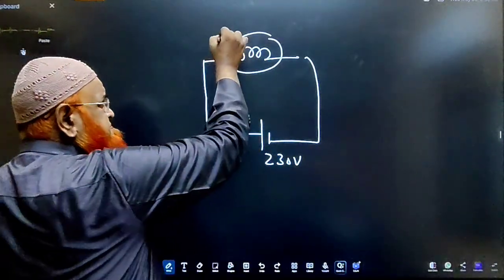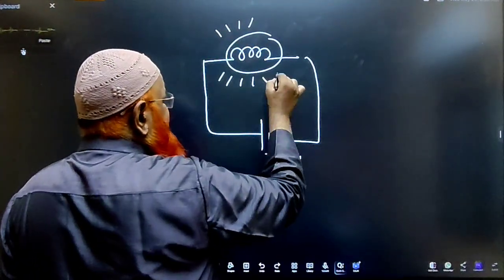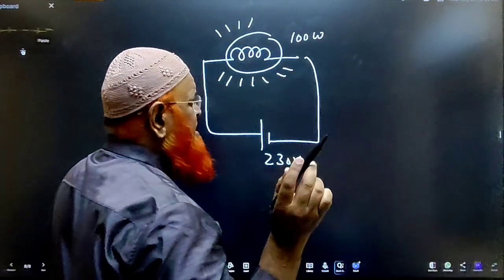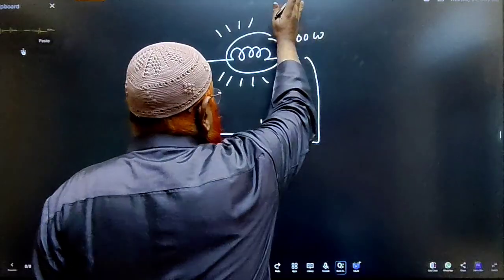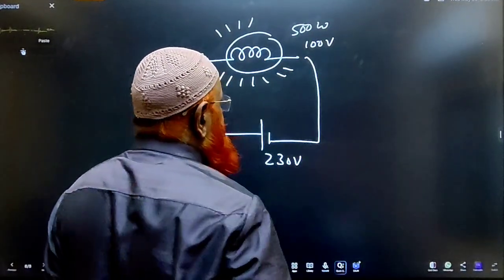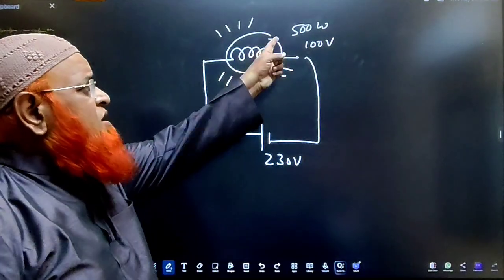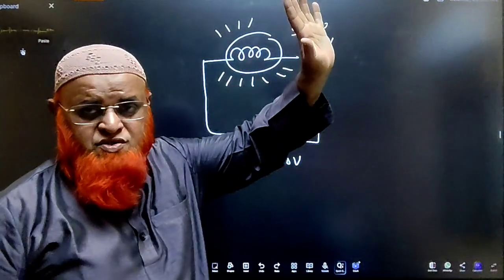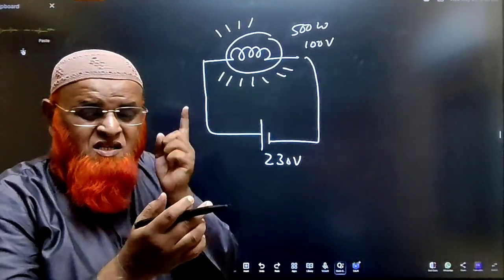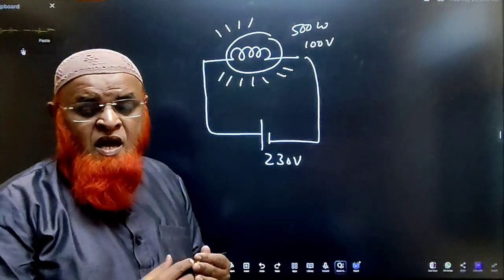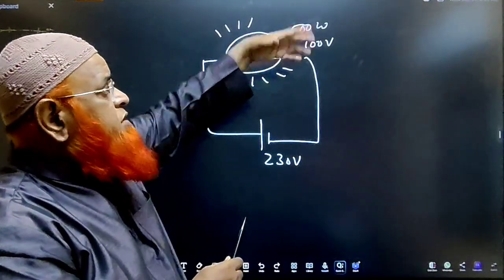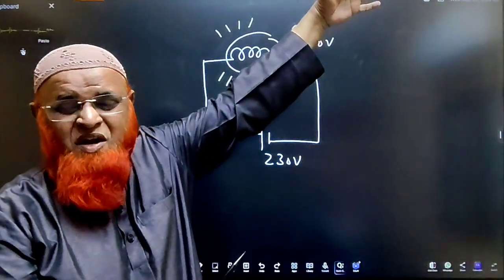Now this is a bulb, and on the bulb it is written 500 watts, 100 volts. That is written on the bulb itself. What is the meaning of this representation? If you supply 100 volts to this bulb, it will glow with the power of 500 watts. That is the meaning of that.